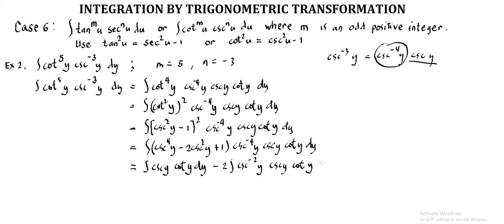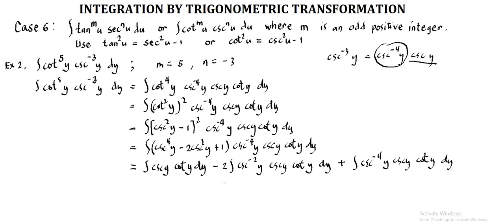And then plus, 1 times cosecant to the negative 4 of y, cosecant y, cotangent y dy. So, magkakaroon tayo ng integral of cosecant to the negative 4 of y, cosecant of y, cotangent of y dy.